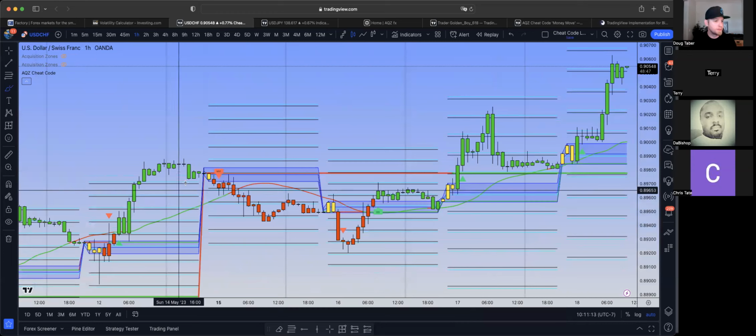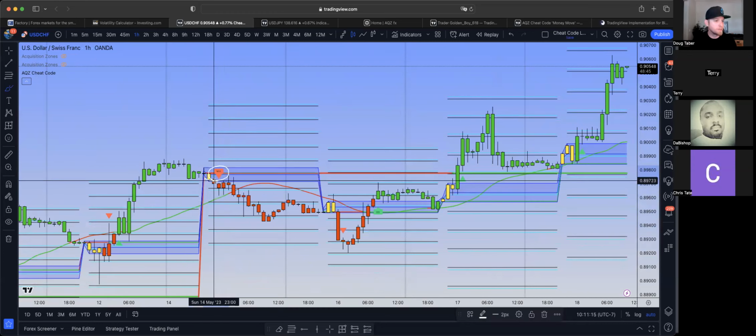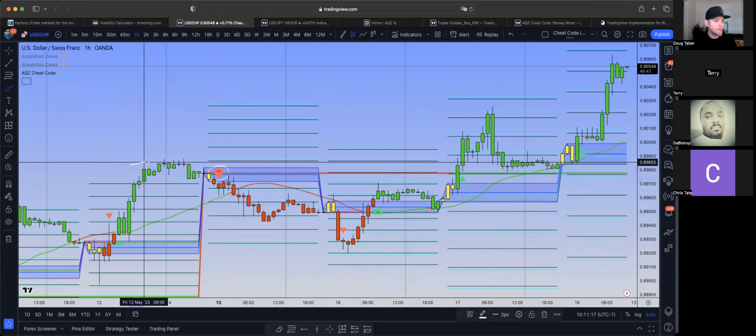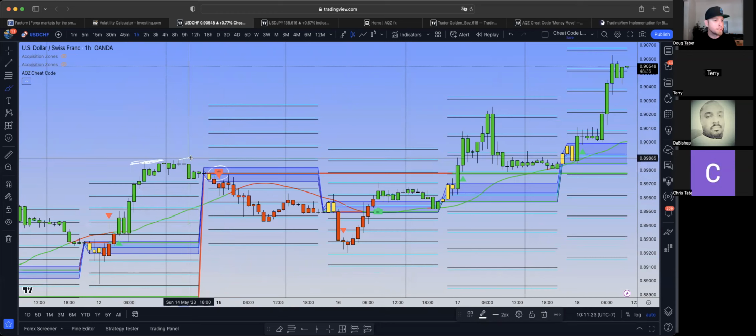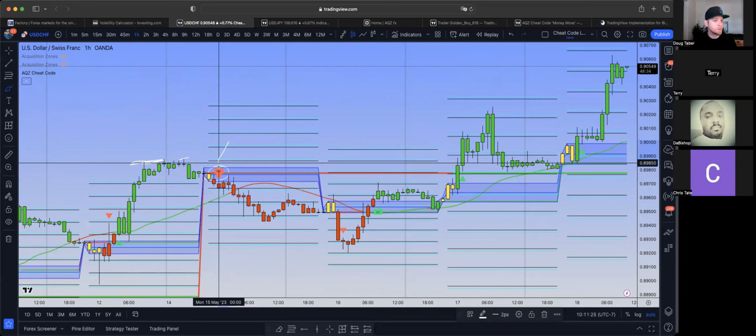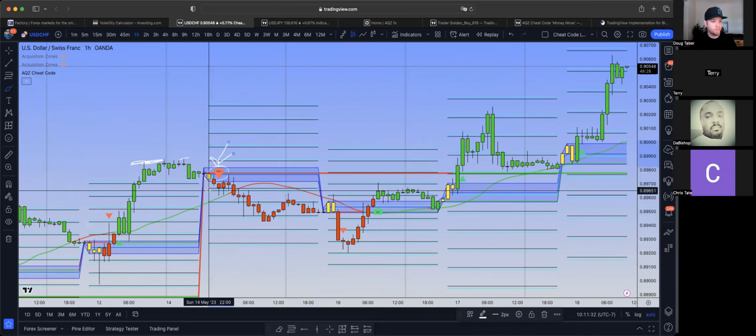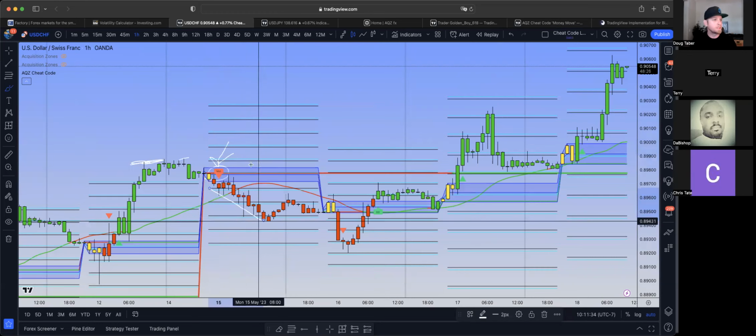We got a money move signal here because why? We had a high created this day. High was taken out, and then a signal was created. That defines that signal as a money move. And we can see we got a nice move here.